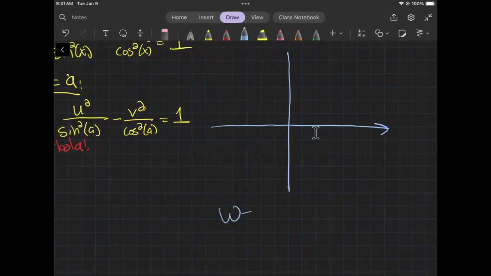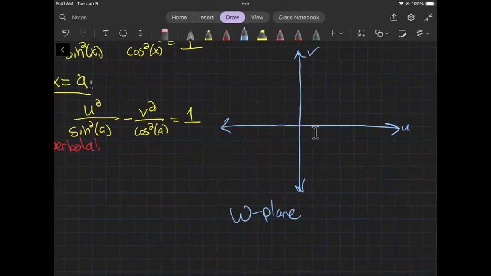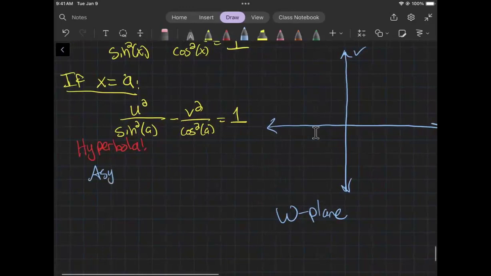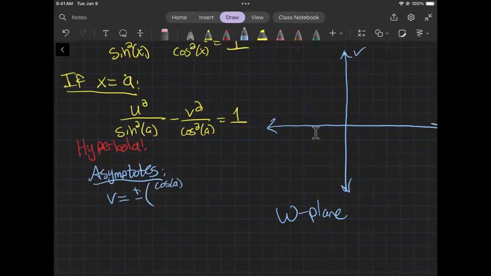So here is my W plane. With u squared minus v squared is 1, and with hyperbolas, you're going to have asymptotes. The asymptotes in this case are at v equal to plus or minus the slope, which in this case is cosine A divided by sine A, times u.